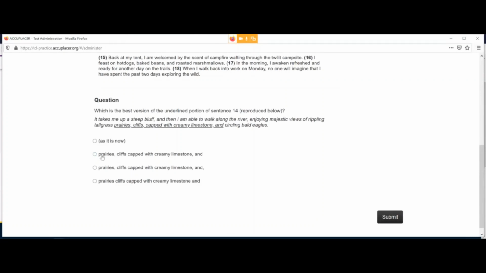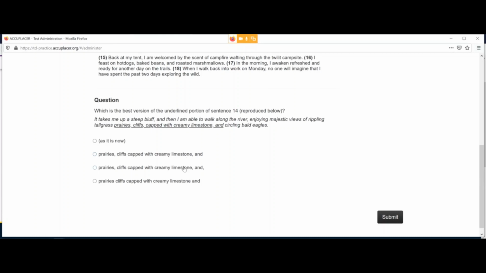It's not really a grammatical issue, it's a punctuation issue. So I like the second option here. Let's take a look at the third option. We've got prairies, comma, cliffs capped with creamy limestone, comma, and. Okay, I like the first section here, the first two sections, prairies, cliffs capped with creamy limestone.